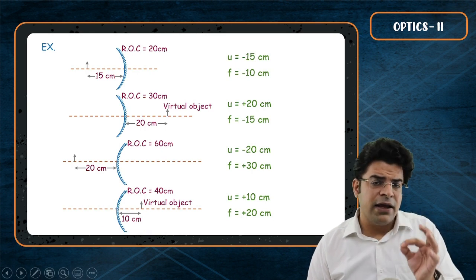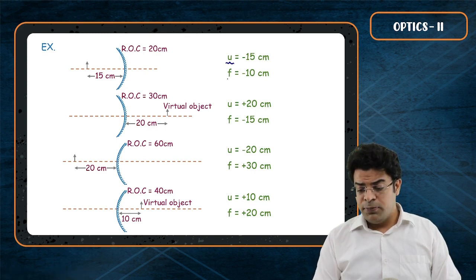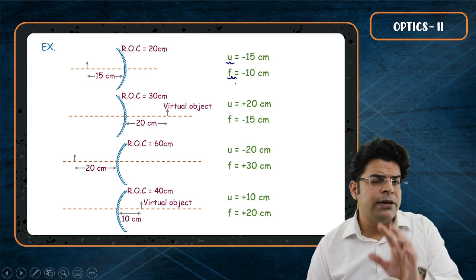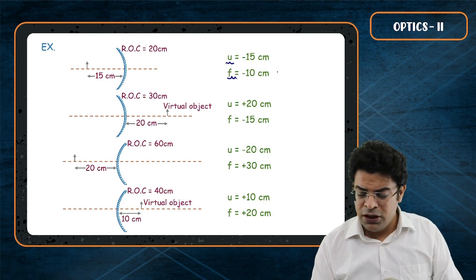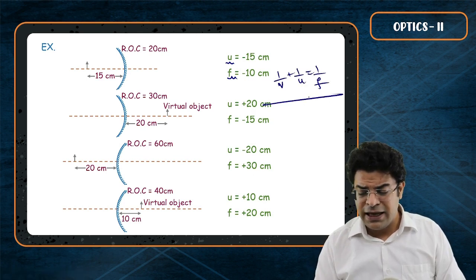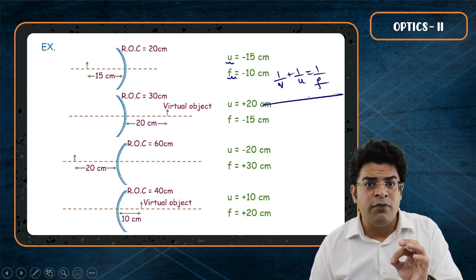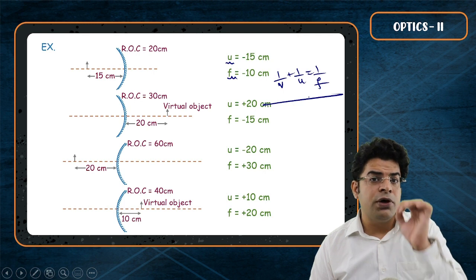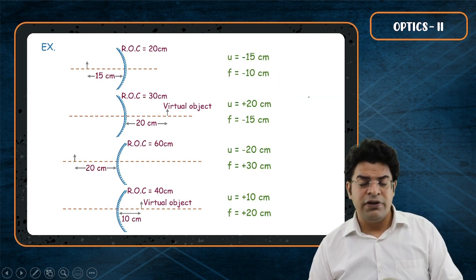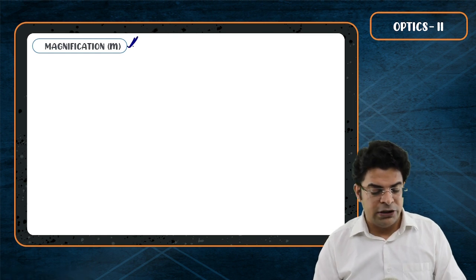I think that if you know how to write the position of object with respect to pole, the position of focus with respect to pole, and the position of image with respect to pole, then using the formula 1 by v plus 1 by u equals 1 by f is a cakewalk. A 6th class student can do it. What we need to emphasize on is the proper usage of sign. So without wasting time, let's move on and now talk about magnification.